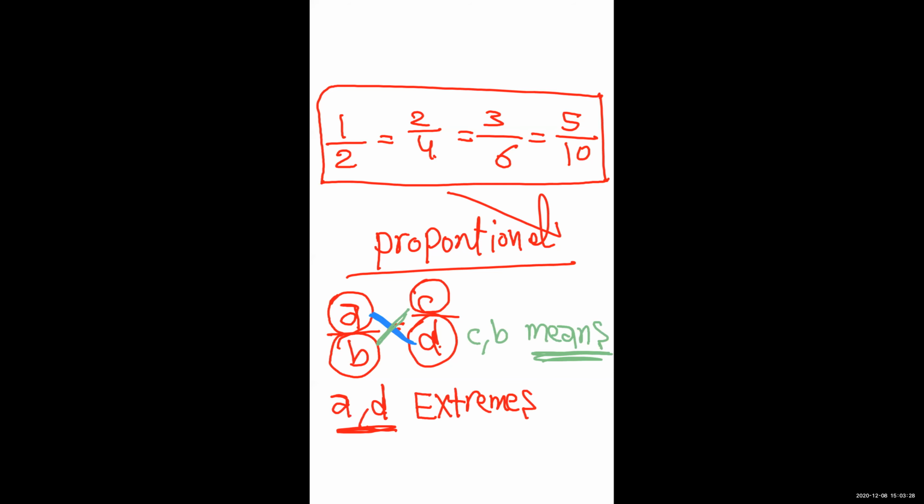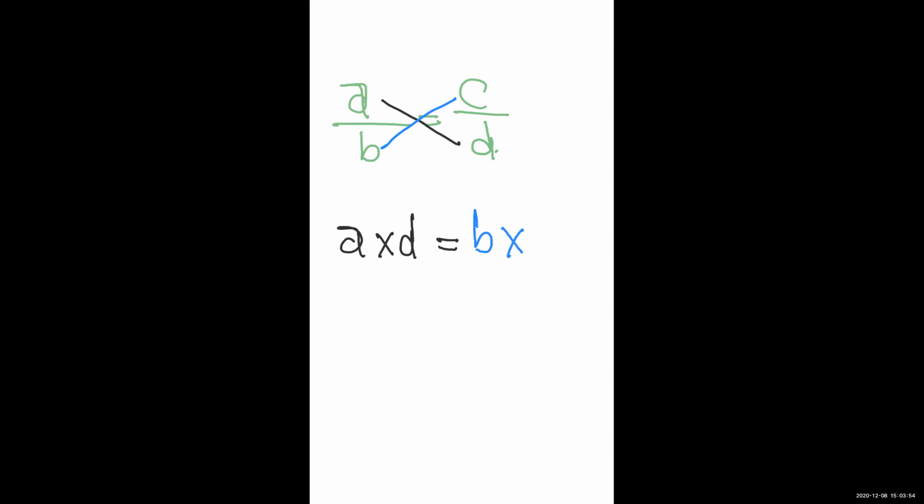So the first rule here: if there are proportional numbers like A over B equals C over D, the product of means, which is A times D, equals the product of extremes, which is B times C. So the product of means equals the product of extremes.